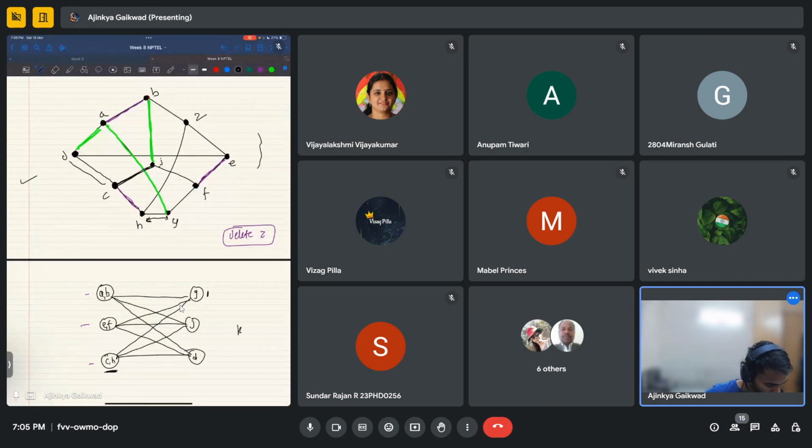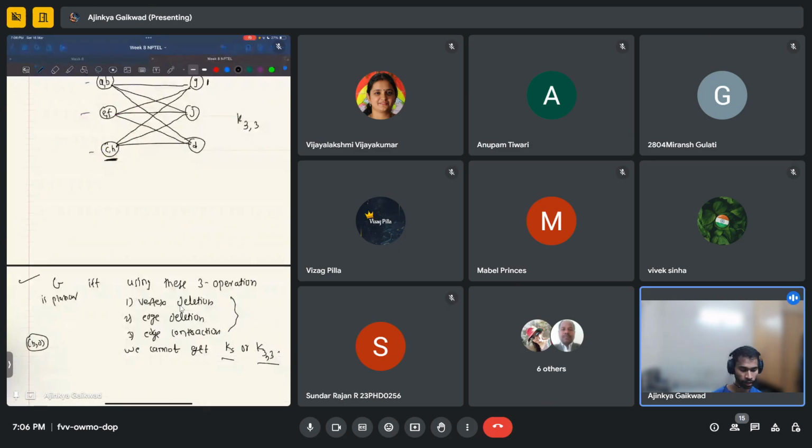So if you see, I was able to construct K3,3 using only these three operations: vertex deletion, edge deletion, and edge contraction. Due to the theorem, G is not planar if and only if using these three operations you get K5 or K3,3.